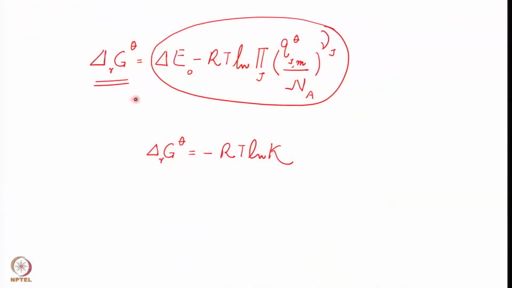Then through a series of steps, we have come up to this expression where the right hand side can be determined spectroscopically. The next step will be to equate these two and then come up with an expression for equilibrium constant. But that we will discuss in the next lecture. Thank you very much.